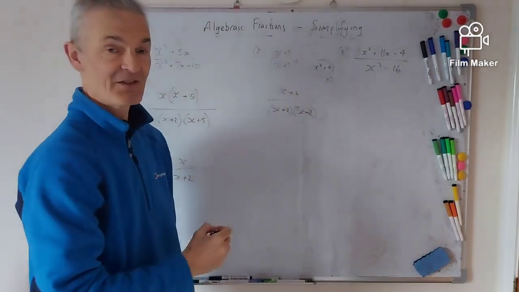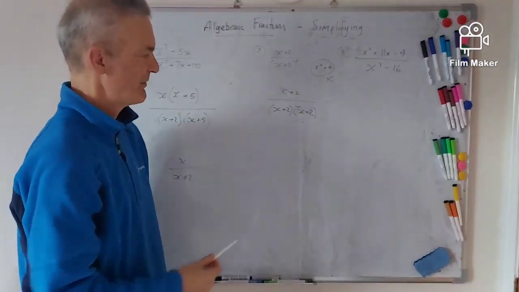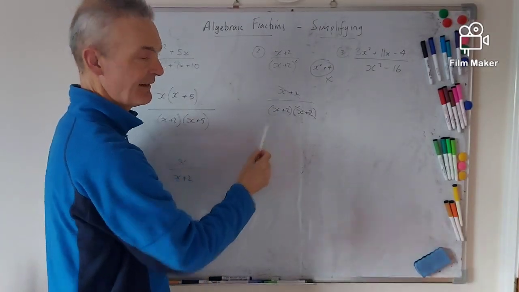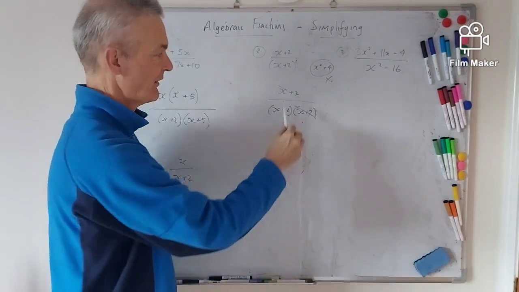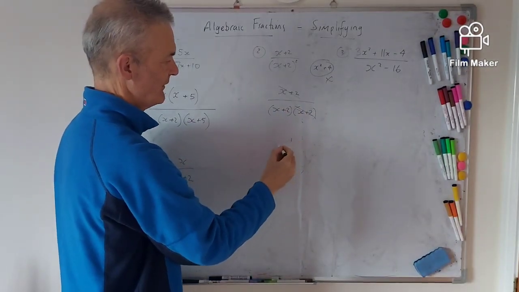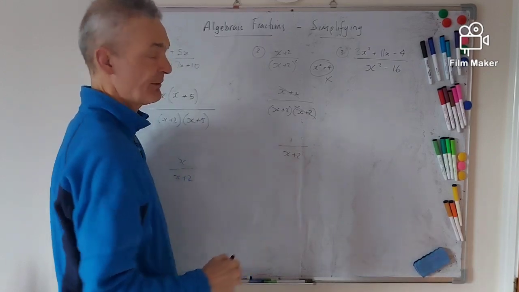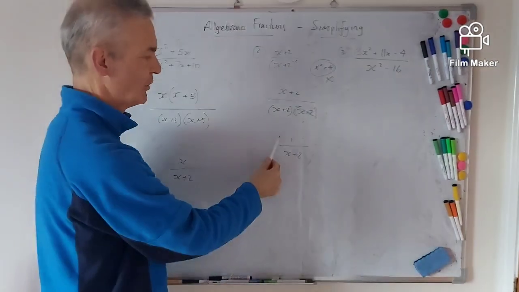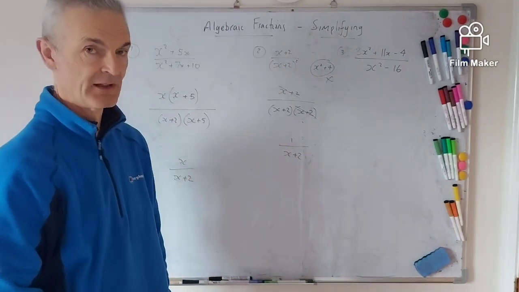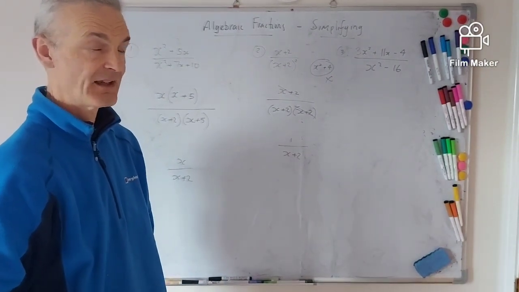And now it looks like there's nothing at the top. But remember, this over this is 1. So we are still going to have 1 at the top. So you're not going to be left with just x plus 2, but it's 1 over x plus 2. Okay, so don't make that mistake.